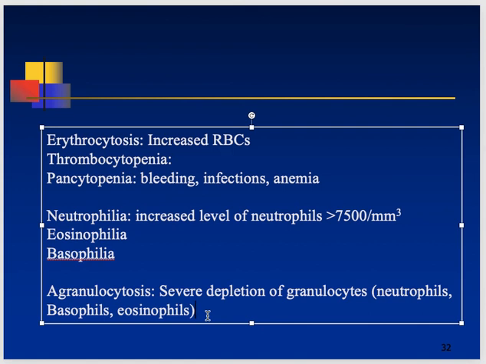So in the bone marrow, the precursor cell which gives rise to these three, called granulocytes, is the one that is depleted. Remember, guys, agranulocytosis doesn't mean these are increased. Rather, there is absence. A is there. So agranulocytosis is a severe depletion of granulocytes.